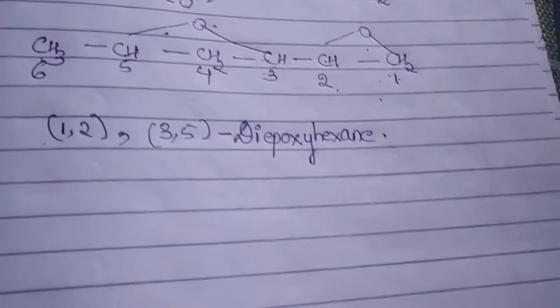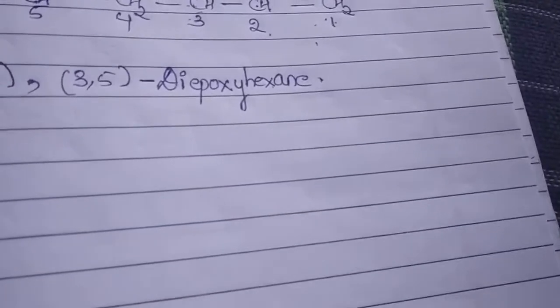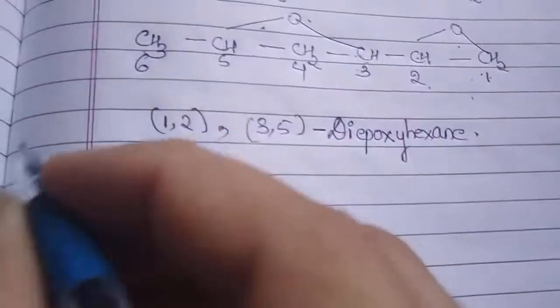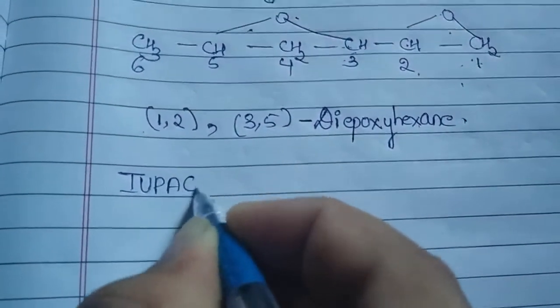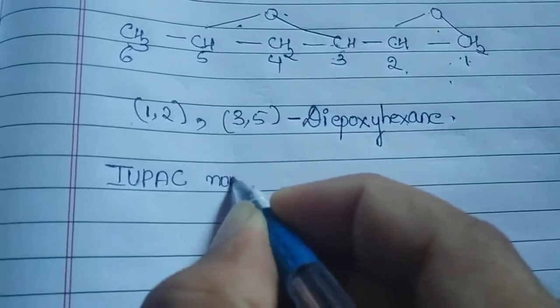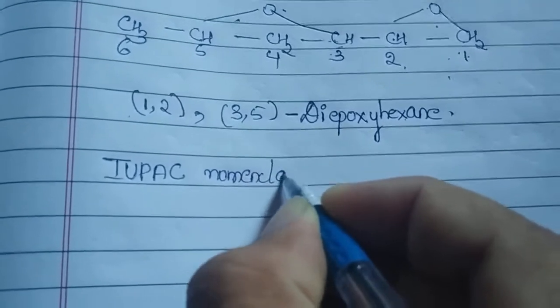Okay. Now let us go to the next important class, that is IUPAC nomenclature. Very much important from the point of view of your board exams and also for your competitive exams. So next let us look at the IUPAC nomenclature of ethers.